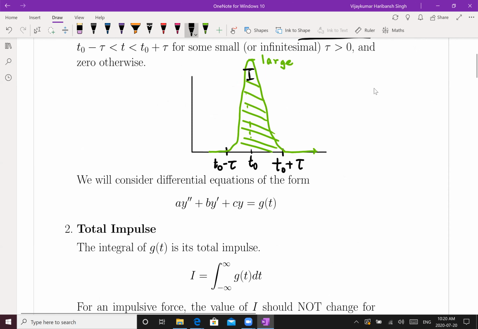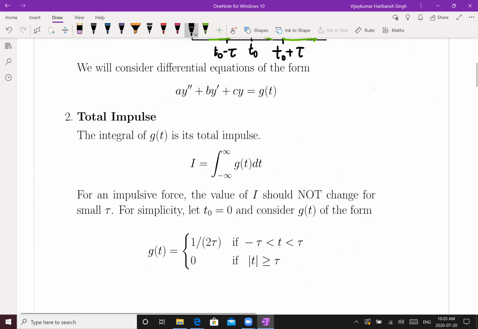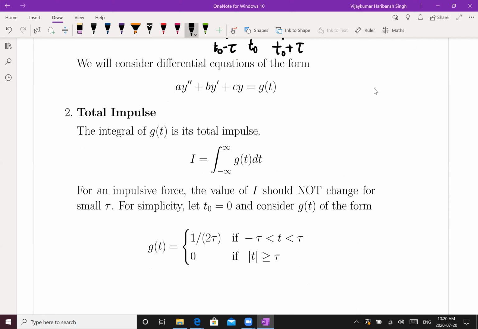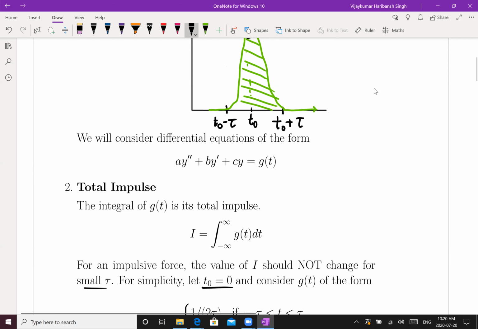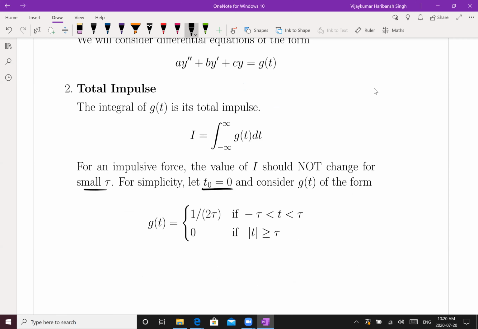Now, for an impulse force, the value of I should not change for small tau. So for simplicity, let's take t naught equal to 0, and consider g of t of the following form: g of t is 1 by 2 tau if t is between minus tau and tau, and g of t is 0 if the absolute value of t is greater than or equal to tau.